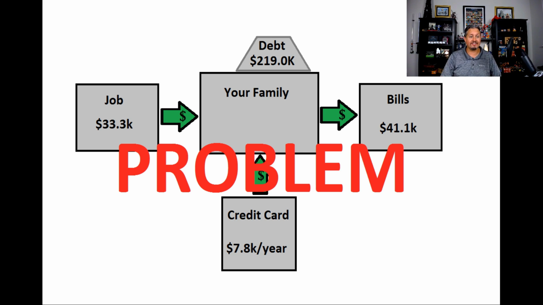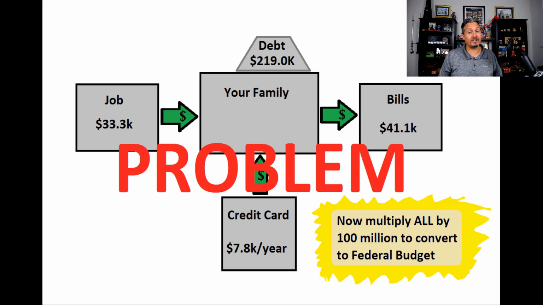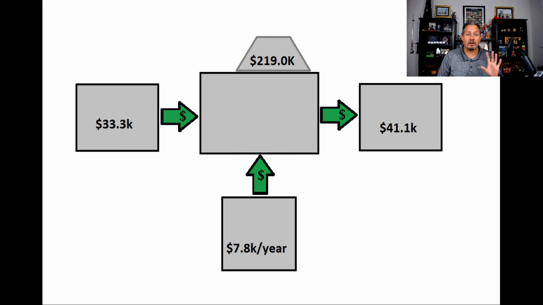Well, guess what, guys? Now, if we want to convert this over, we can turn this into the federal budget, basically, by taking every one of these little numbers and multiplying it by 100 million, and then it turns into the federal budget, right? So let's do that right now. Let's perform some magic. So here we are, same numbers. Watch the numbers, guys. There we go.